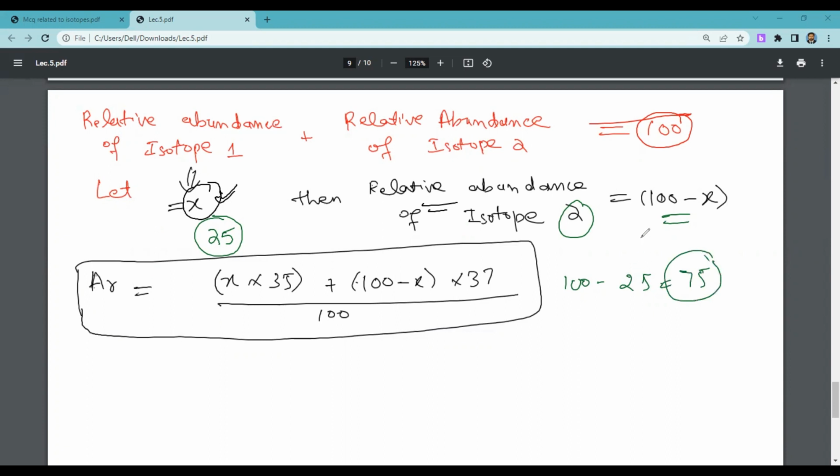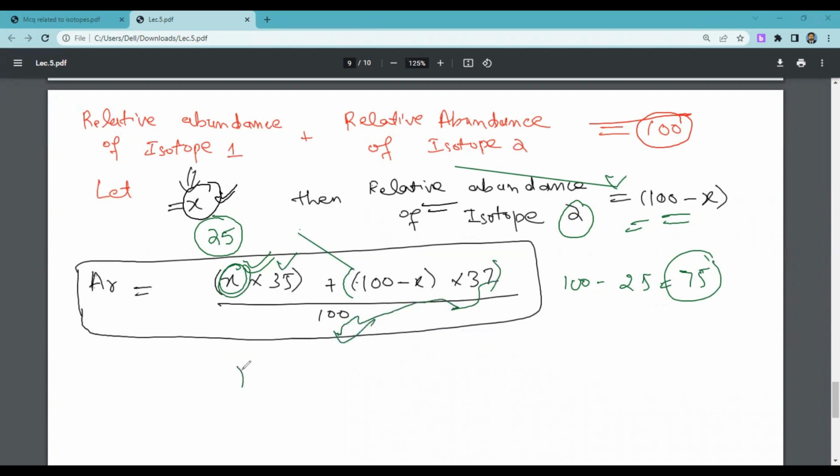So while using these methods, now we have two values. Simply apply them in any formula which we have studied. x, this is the relative abundance, multiplied by 35, and the second abundance will be 100 minus x, multiplied by 37, over 100.